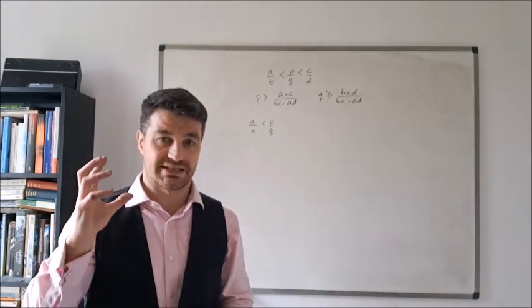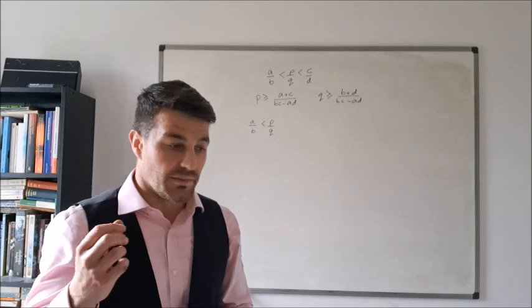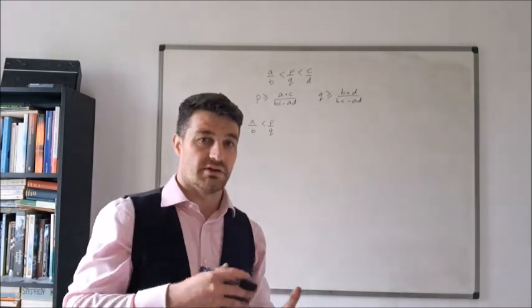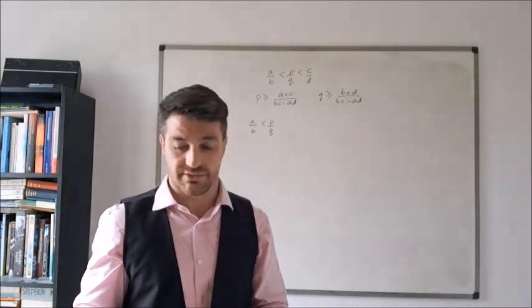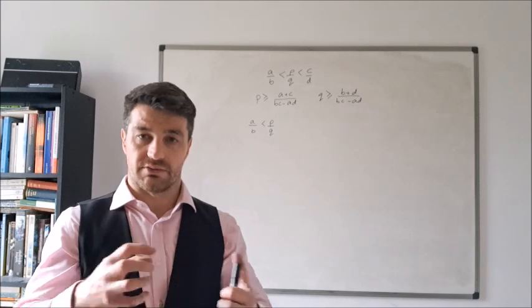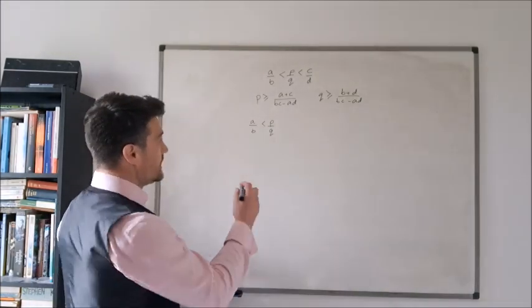So you start to, in many ways, think in terms of inequalities. But I know that inequalities are something that a lot of A-level students can have some difficulty with. So what I'm hoping to do here is give you some ideas about ways that you might be able to deal with inequalities.